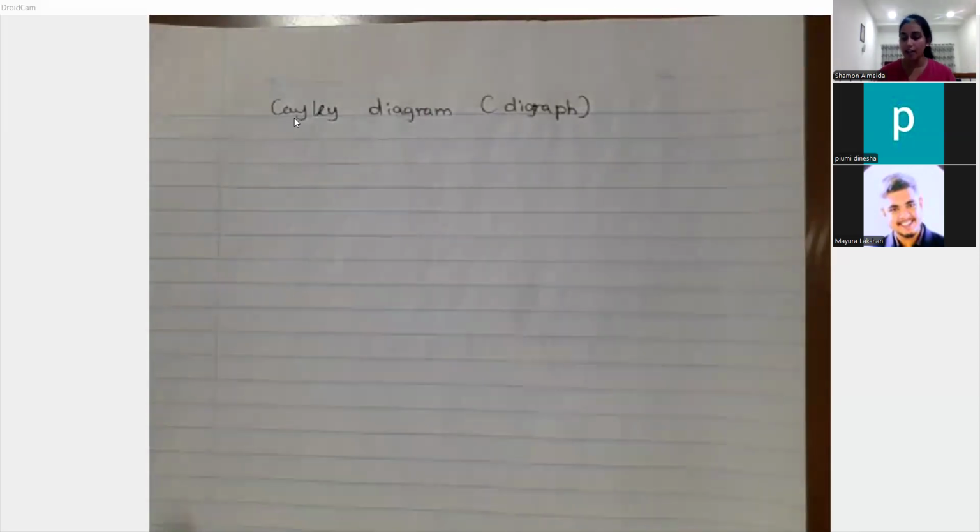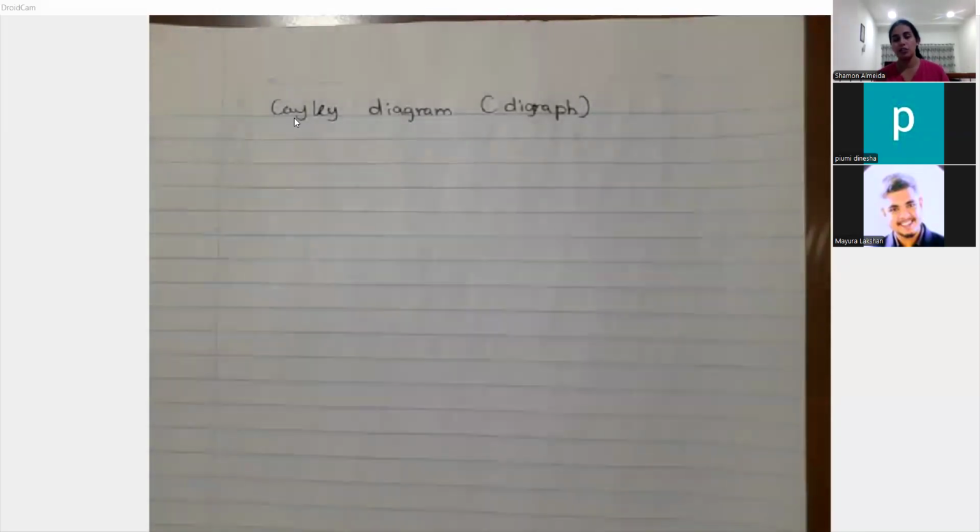First, every element in the group will be denoted by a vertex in the diagram, right? Now let me go back to graphs a little bit. How do we represent a graph?